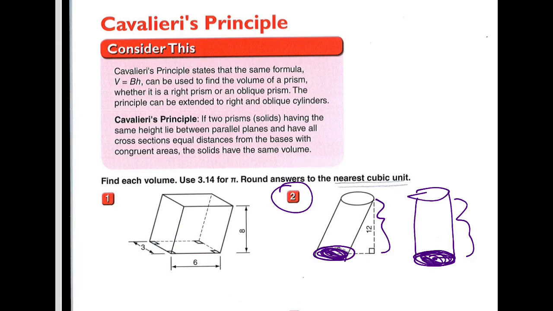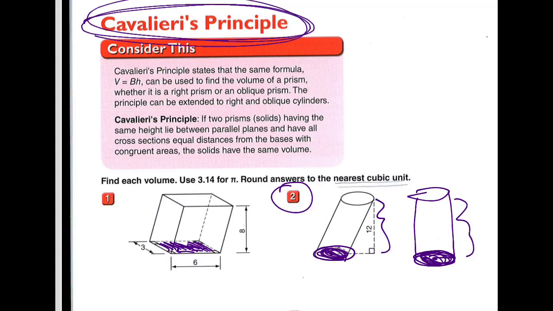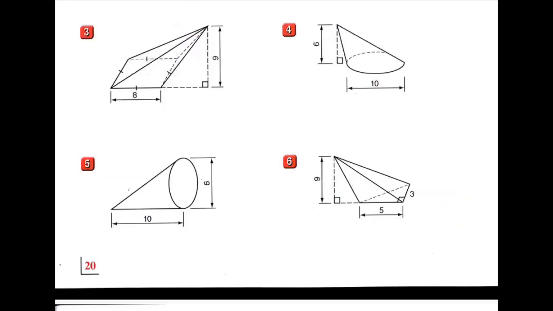Just identify the shape, identify the base shape, find your big B, and proceed as normal. Slanted or not, Cavalieri's principle tells us that the volumes will be the same. So calculate as normal. Alright, same thing even with these on the bottom there. This is just turned. So look at what shape it is.